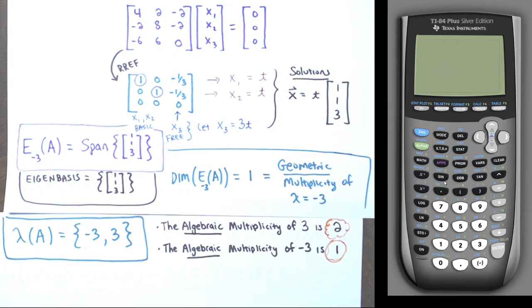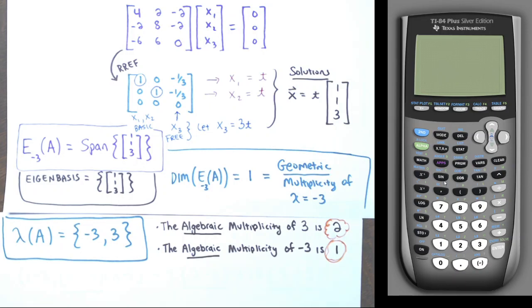So when given a square matrix, if you're asked to find the spectrum, the eigenvalues, you find the solutions to that characteristic equation, the determinant of A minus lambda I equals 0. Once you find those solutions, then say how many times they repeat in the characteristic equation.